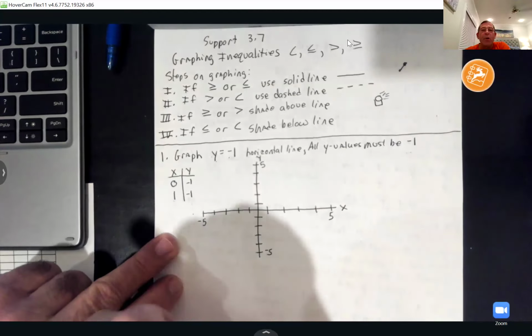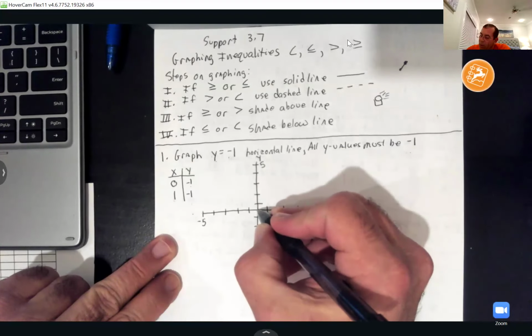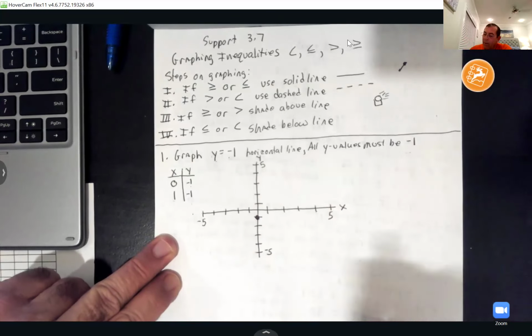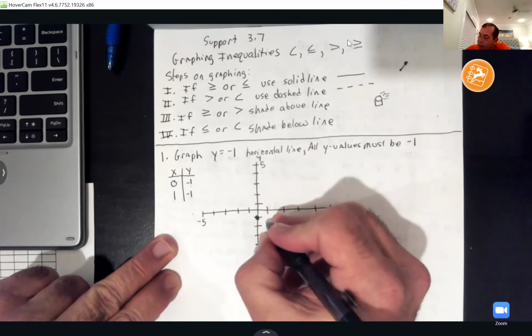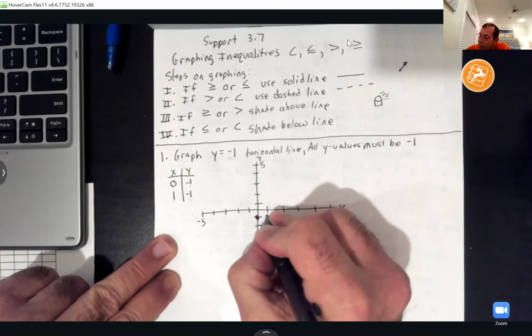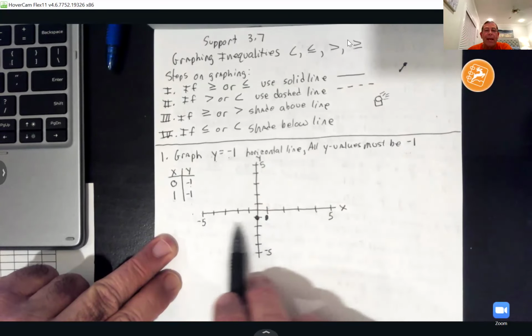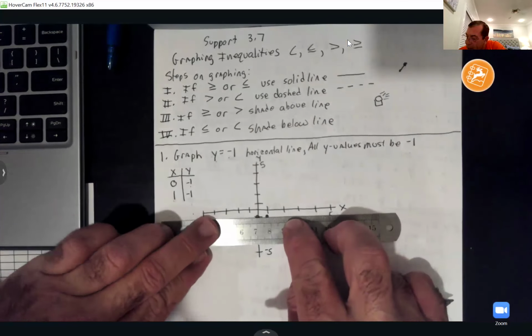All right, so let me get my 2 points first. 0, -1. 0 on the X, down 1. And then this point was 1, -1. So right 1, down 1. And like I said, any point you pick, that y value will be -1. So it's going to make a horizontal line right there.